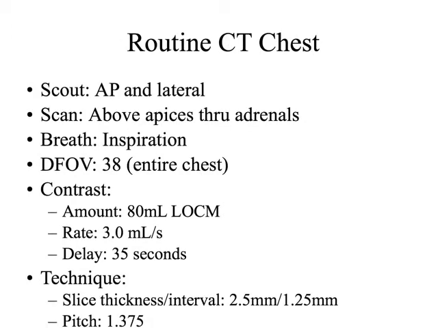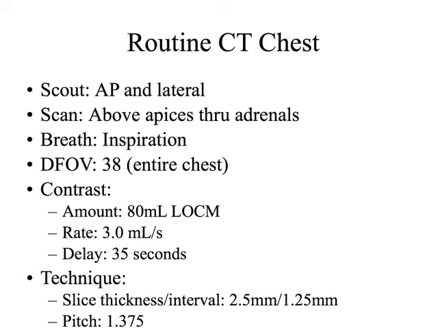So a routine chest CT, we do quite a few of these. This protocol is a 64-slice protocol, and reasons for doing this exam include infection, mass, empyema, lung nodules seen on a chest x-ray, and trauma.